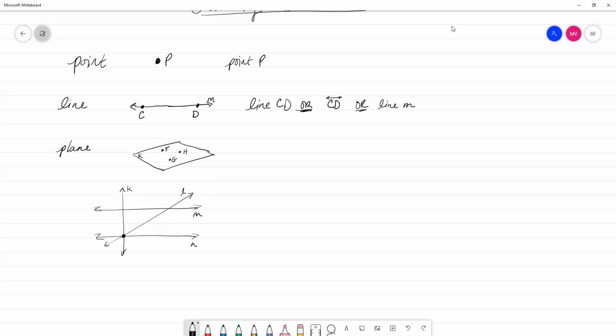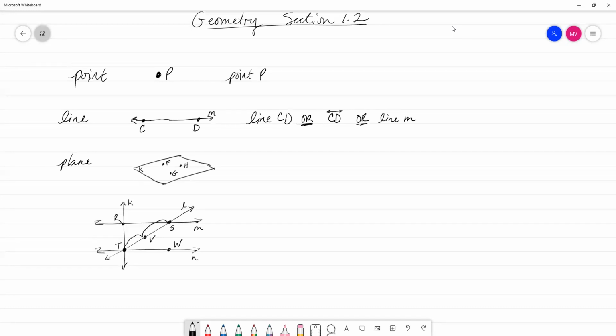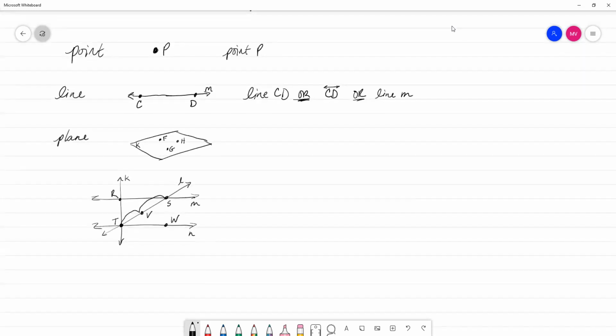So we have point T, we have point R, S, random little V in the middle, and W. All right, so when we're talking about having 3 collinear points, if they're collinear, they exist on the same line. Therefore, it must be the T, V, and S that exist on line L. So our collinear points are T, V, and S.